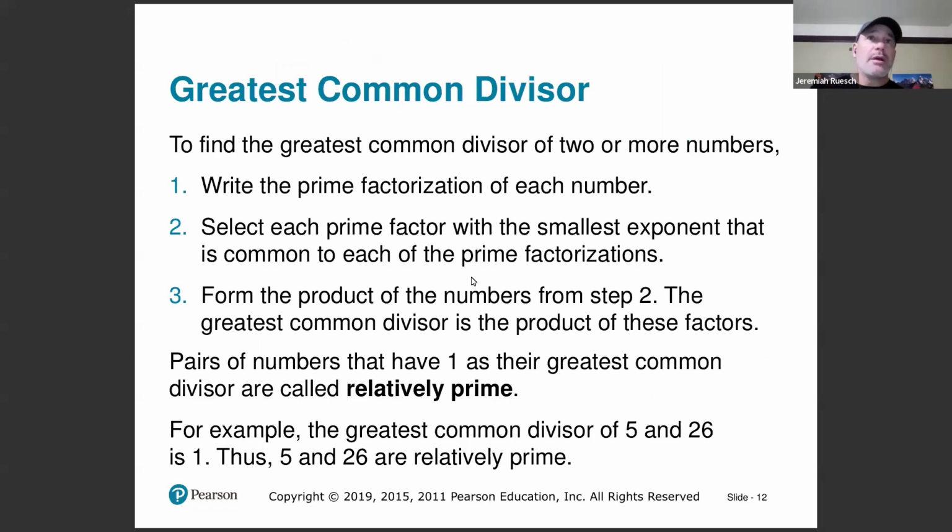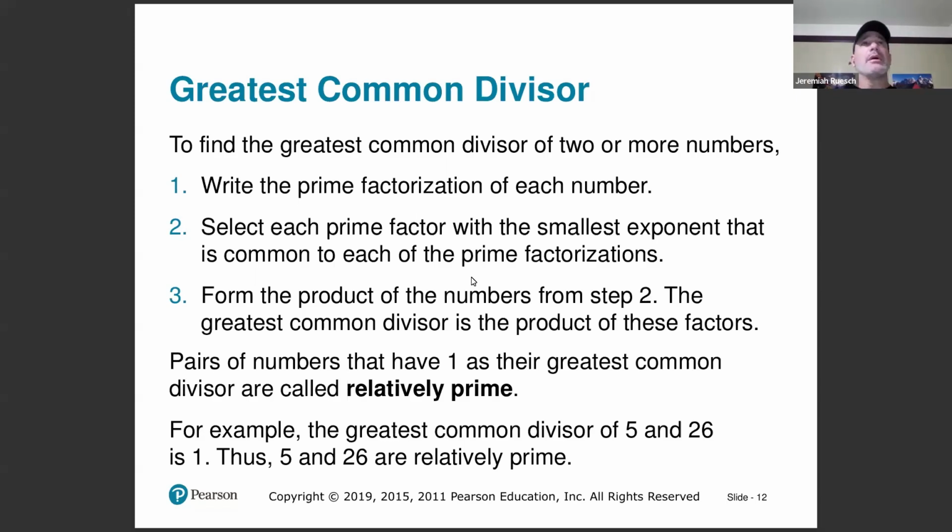The greatest common divisor, the GCD, is the largest number that will go into two numbers. We call two numbers whose GCD is 1 relatively prime.